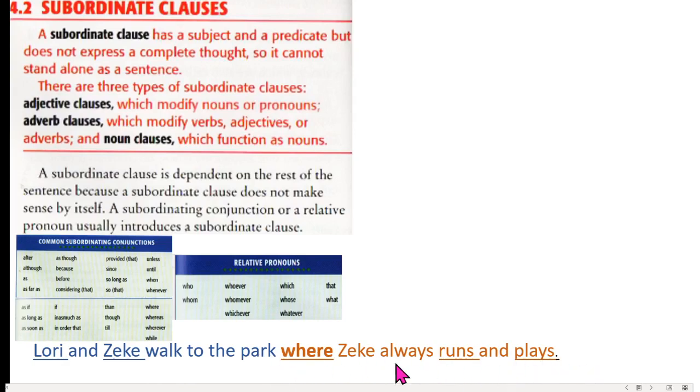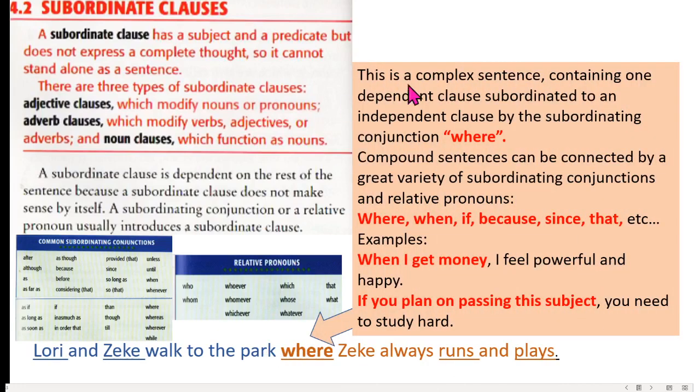It is an adjective saying which park we are talking about. So all this clause is functioning as an adjective, so we can call it an adjective clause identifying the word park. Okay? You see all the connectors you can use.